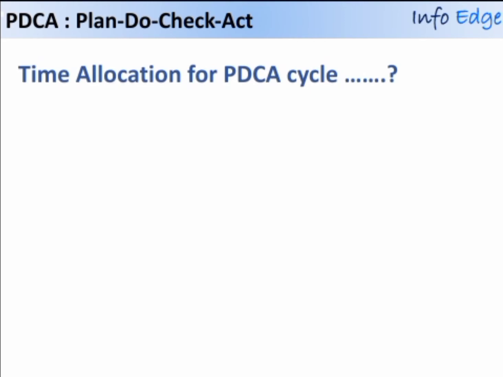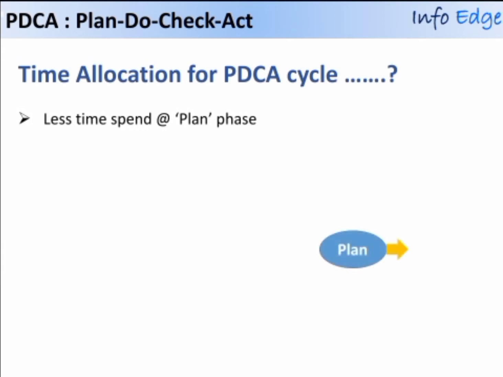So while doing the PDCA, we have to do time management. On each step, we can see that less time is spent on the planning phase. This is based on the size of the team and the target. We have to spend more time in the do phase. That means we have to give training, allocation, and data analysis.